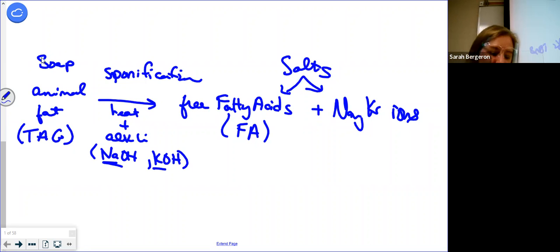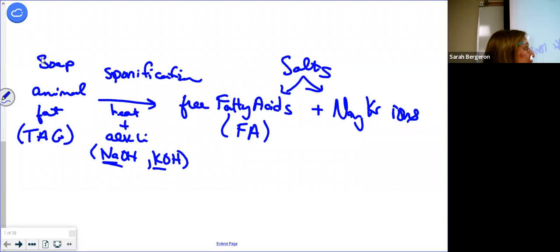So if you have these free fatty acids in your soap container, and you just put soap on your hands, nothing happens, right? What do you have to do to make the soap work? Add water and rub it together. You have to give it a little bit of energy, right?